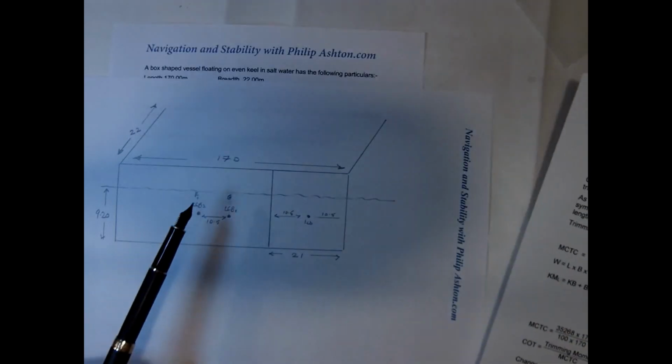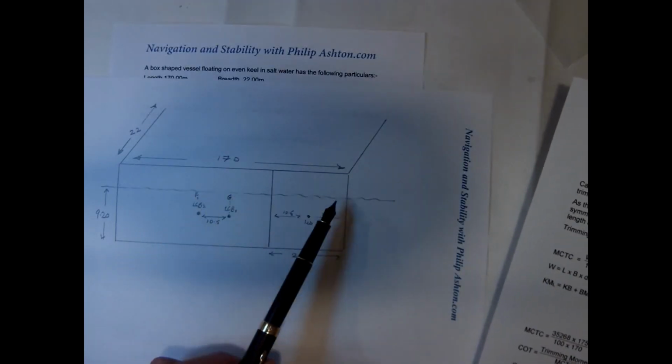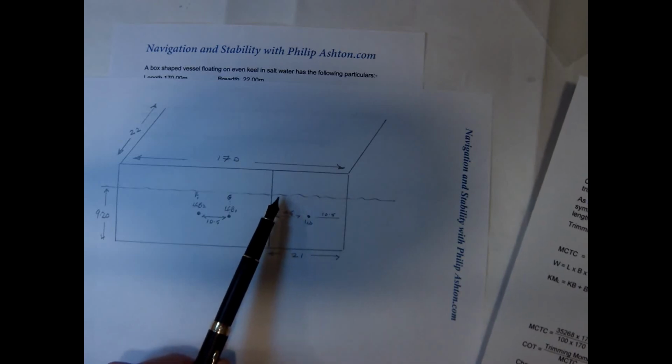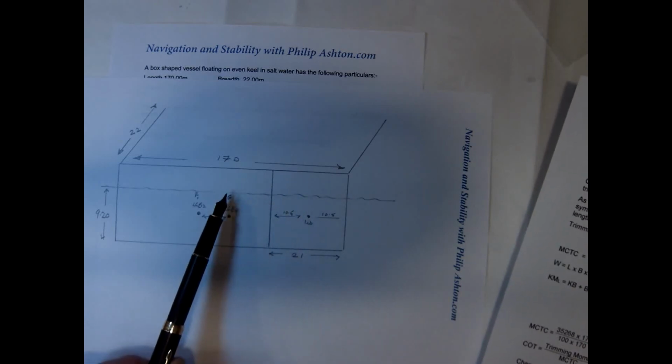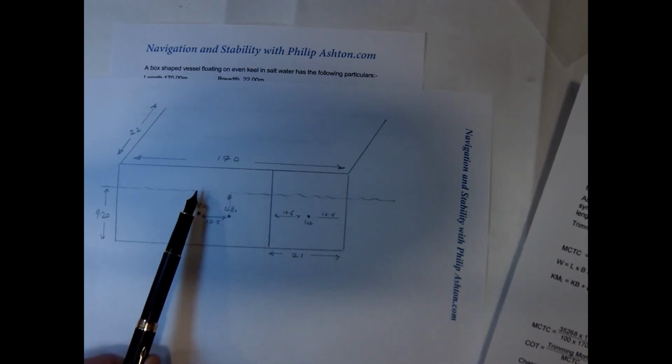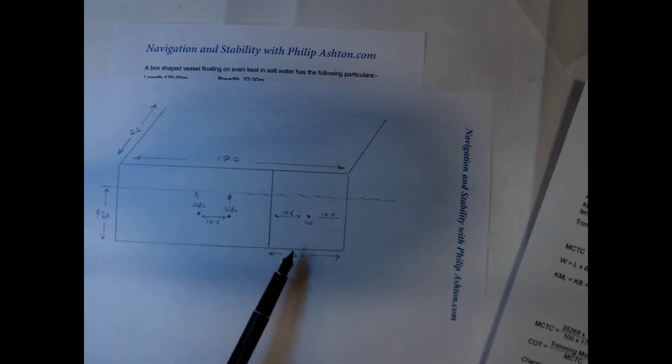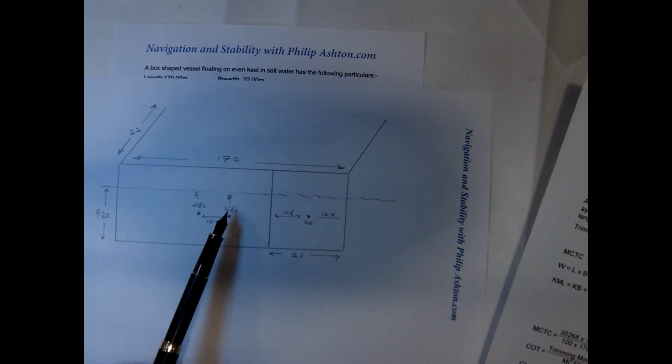And then the last point to mention is that because we've lost this part of the waterline, the longitudinal centre of flotation obviously moves as well. So if we subtract 21 from 170 and half that value, then we'll have the centre of flotation, and it's 74.5.